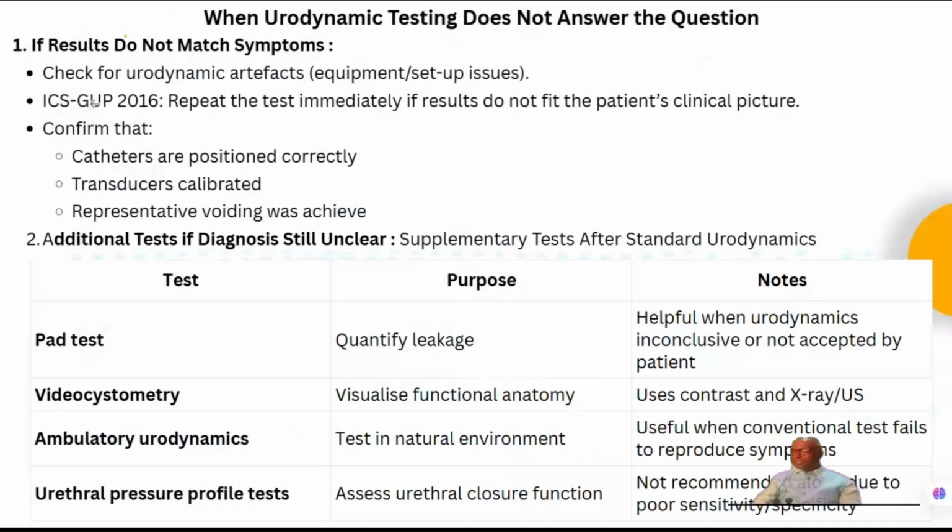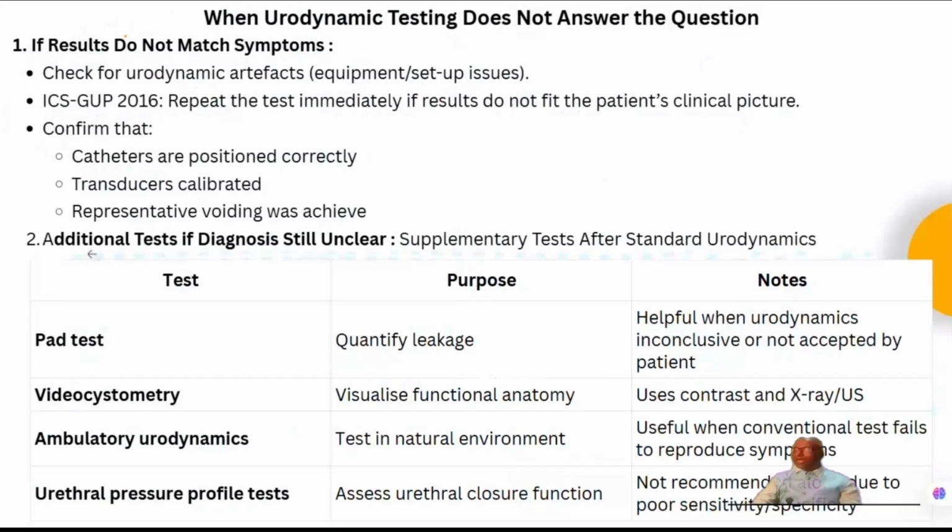Second, as per the Good Urodynamic Practices, repeat the test immediately if results do not fit the patient's clinical picture. Confirm that the catheters are positioned correctly, transducers are calibrated, and a representative void was achieved. So you can repeat the test and check for artifacts if the results do not match the symptoms.